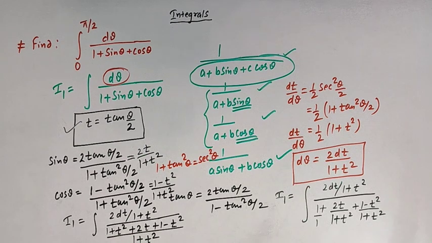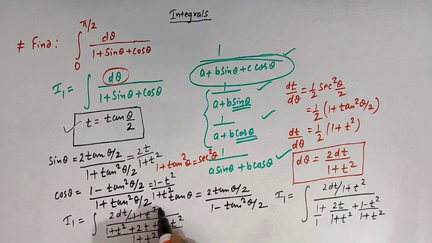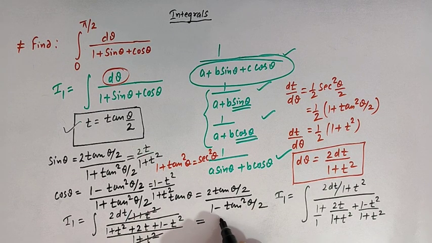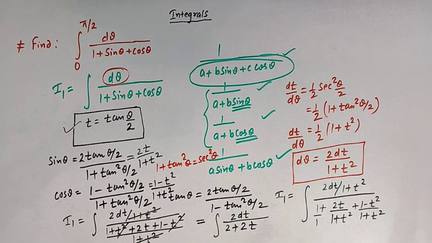Now see, this 1 plus t square and 1 plus t square get cancelled, so we are left with 2 dt divided by, here t square and t square get cancelled, 1 plus 1 is 2, so we have 2 plus 2t.